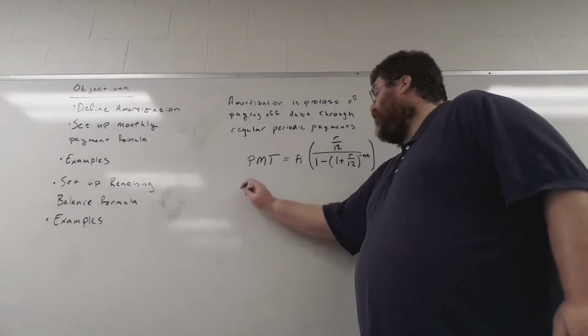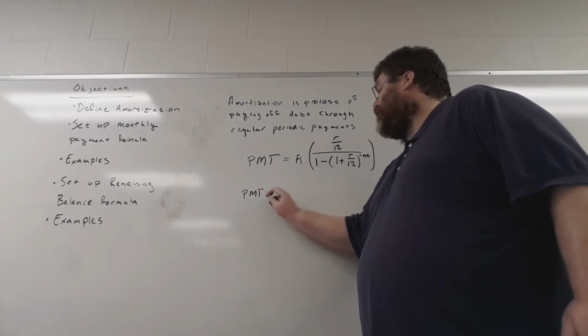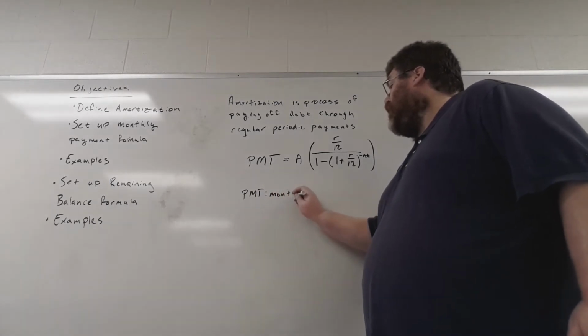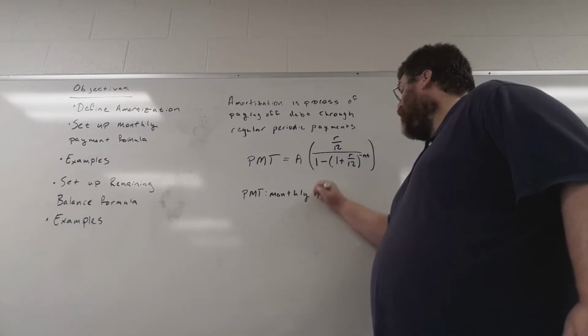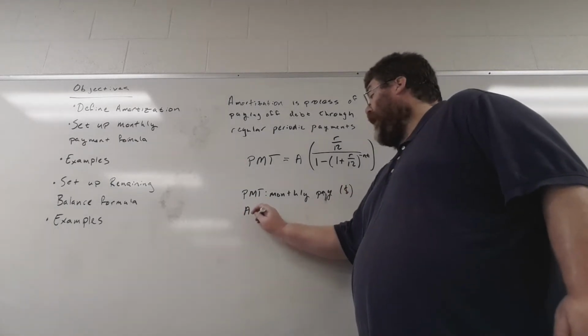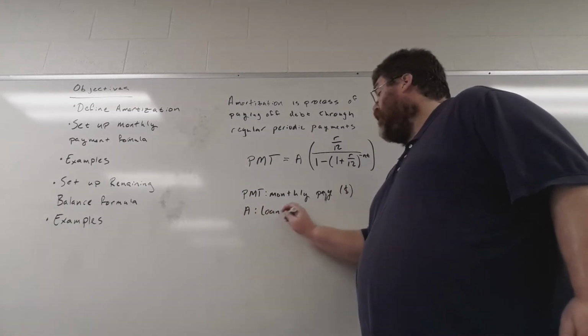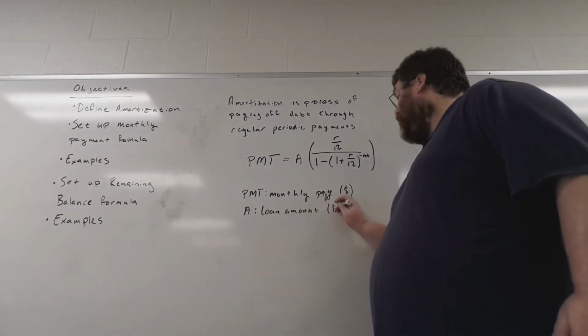Okay, first let's define everything. PMT, monthly payment in dollars. A, loan amount in dollars.